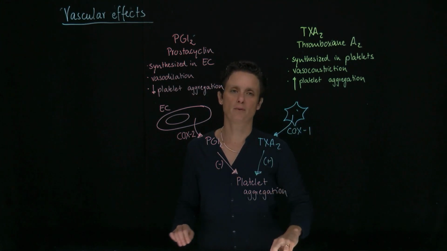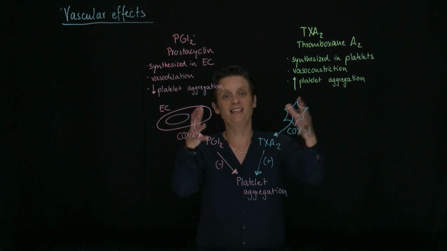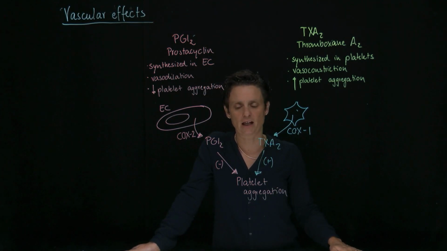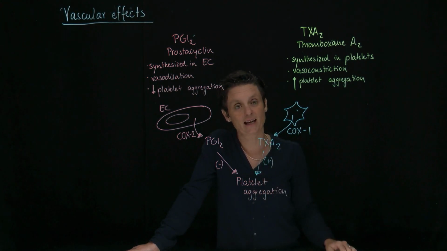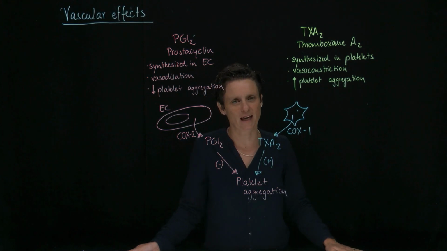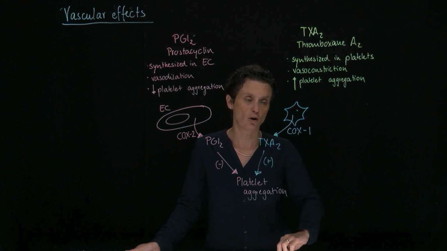And so the thromboxane is made in a COX-1 dependent fashion. So we have now here the yin and the yang in terms of platelet aggregation, one that inhibits platelet aggregation and the other that promotes it. So what is the consequence and why do we care? Particularly in terms of drugs, in terms of pharmacology.